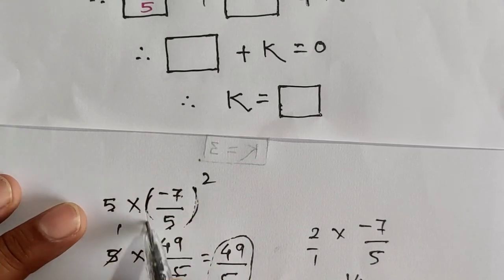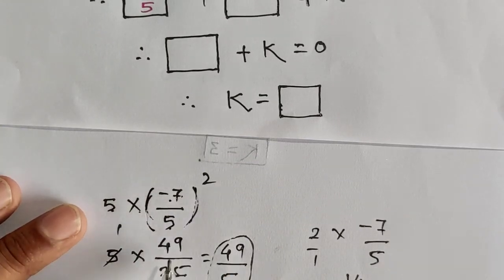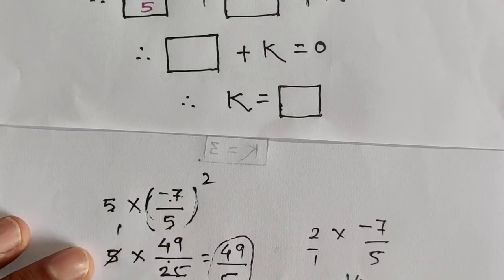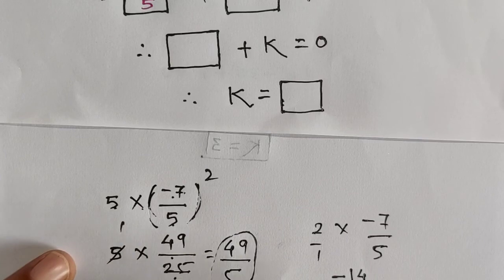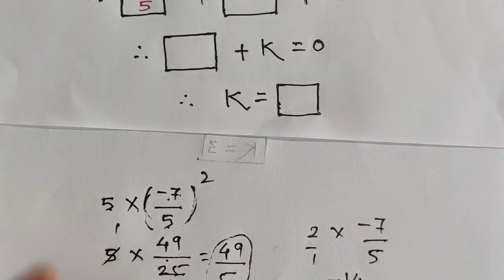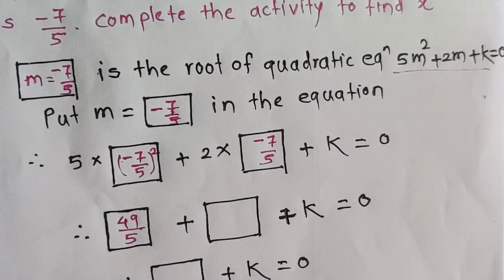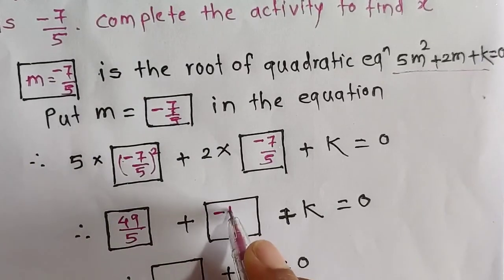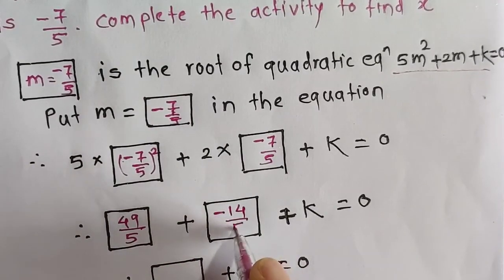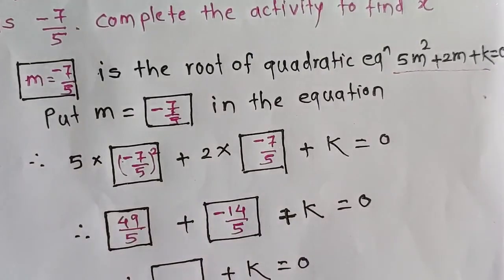So squaring this, minus 7 square is 49 divided by 5 square is 25. So 5 ones are 5, 5 5s are 25, so we get 49 upon 5, and here minus 14 upon 5. Now substitute that value. So here we have to substitute minus 14 upon 5 plus k is equal to 0.